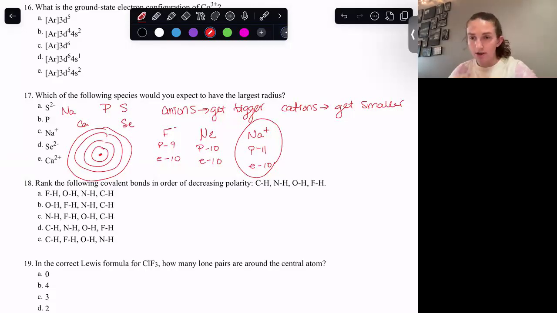Sodium plus is actually going to have one less energy level because it's getting rid of its electrons, and calcium plus has one less energy level because it's getting rid of its electrons. So we already know that those are going to be even smaller than what we expected. So your cations will never have the largest radius if there are anions present as well.